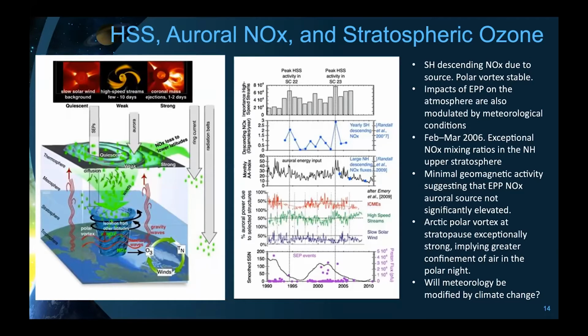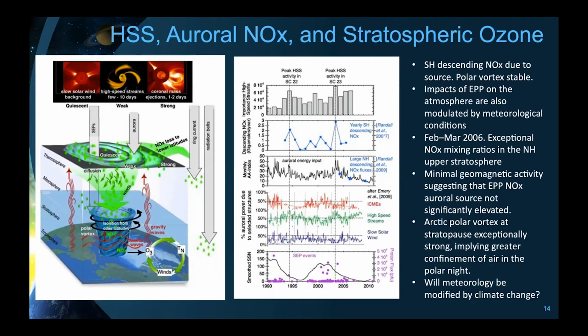And then in the northern hemisphere, however, you can get descending NOx when there isn't a lot of auroral NOx being produced. And it has to do with the very strong polar vortex that develops. So there's a combination of meteorology and high-speed stream inputs.